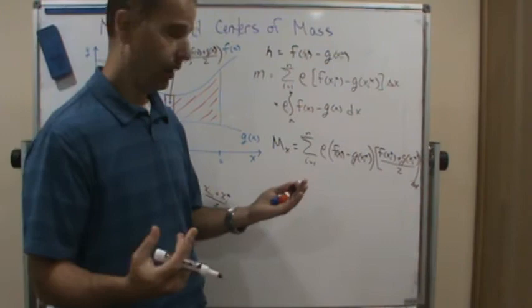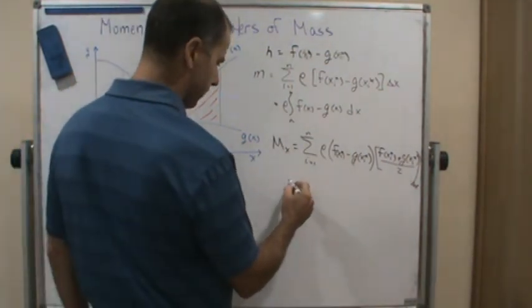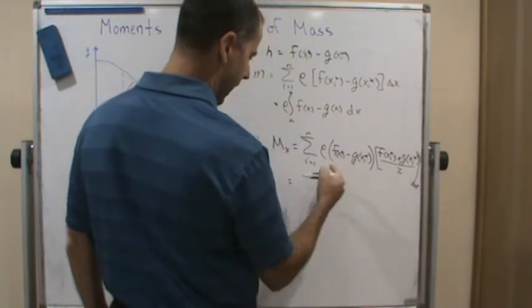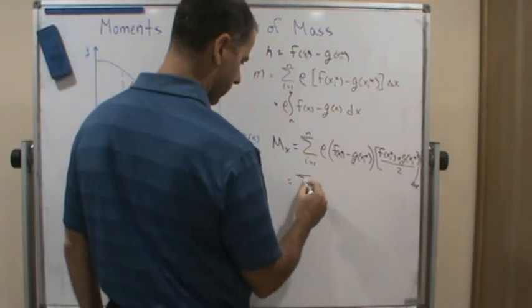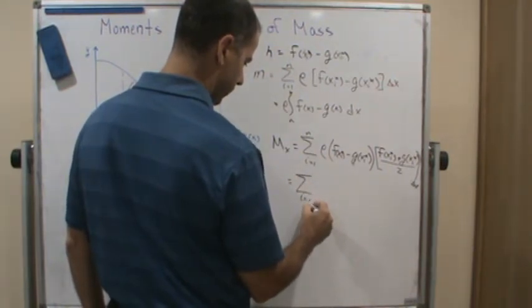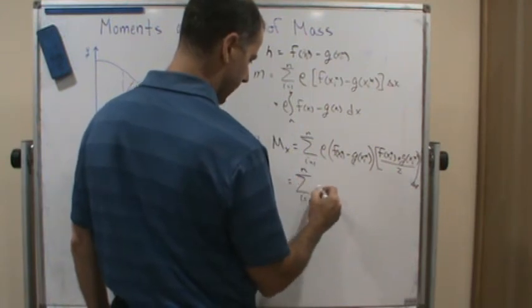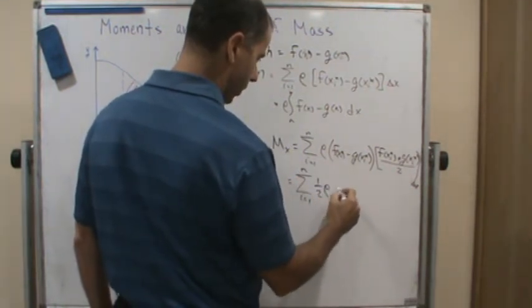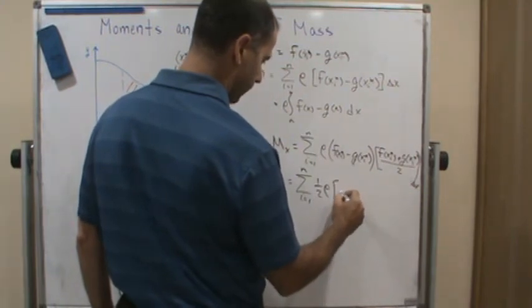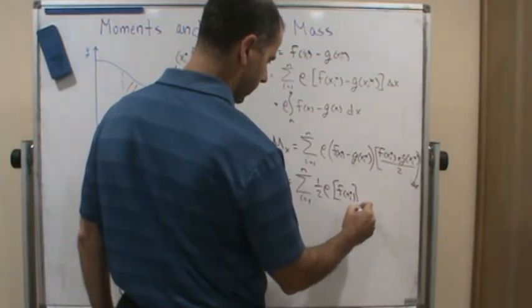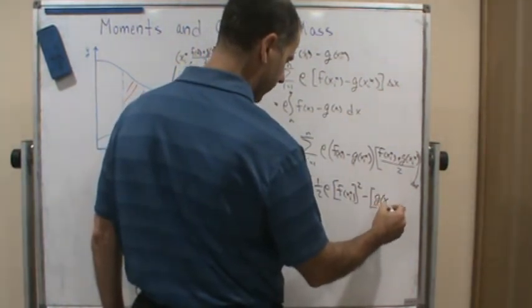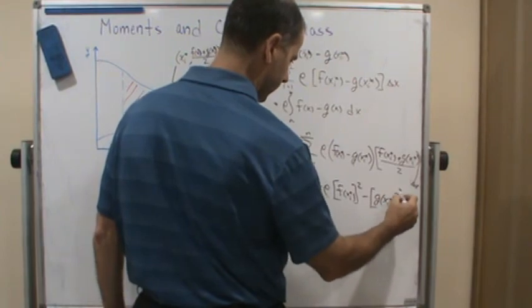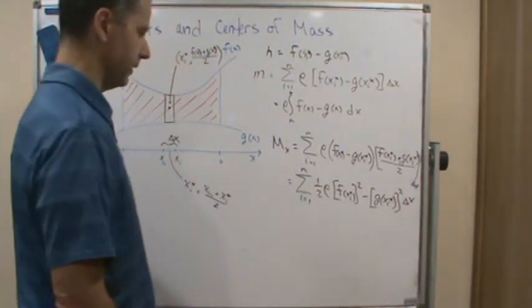So this simplifies to, again pulling the half out, the summation for i equals 1 to n of 1/2 rho times the quantity f of x sub i star squared minus the quantity g of x sub i star squared, delta x.